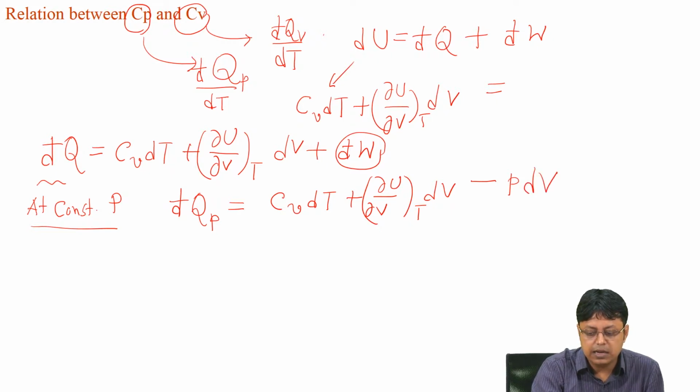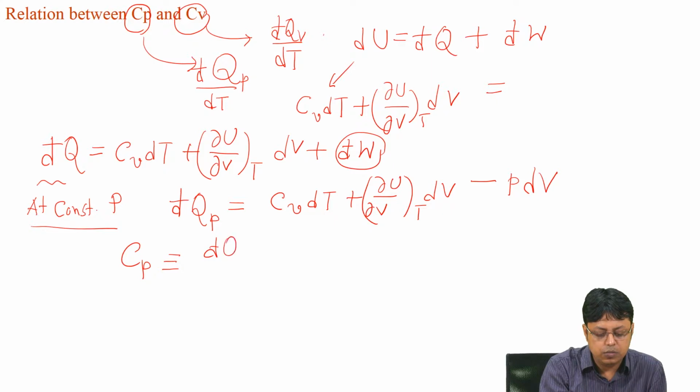So we can write it as minus P dV, and then we can divide both sides by dT and define Cp as đq_P divided by dT.